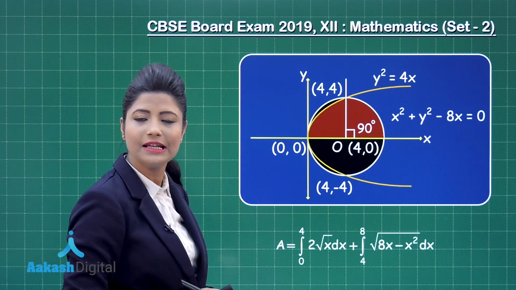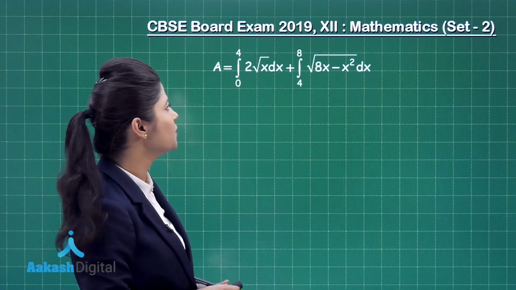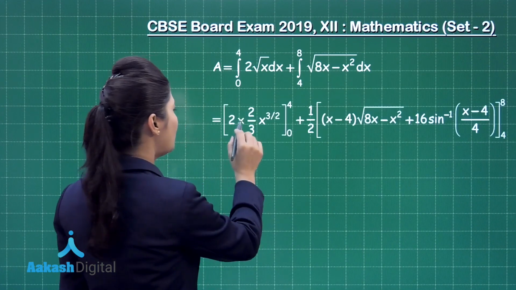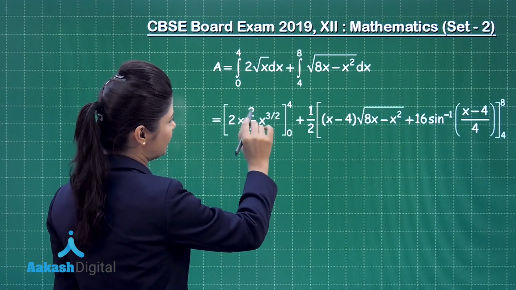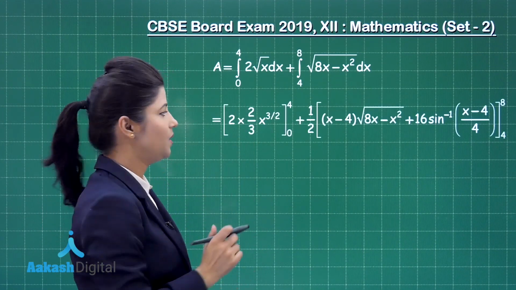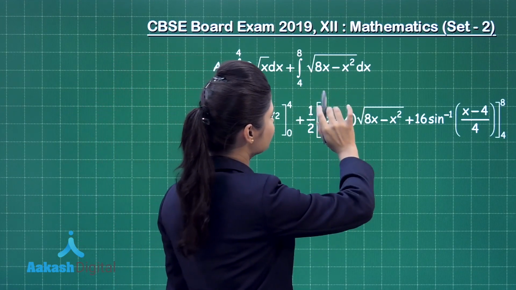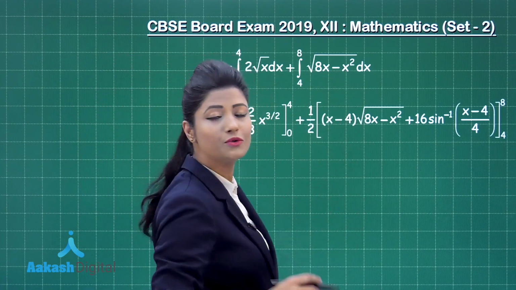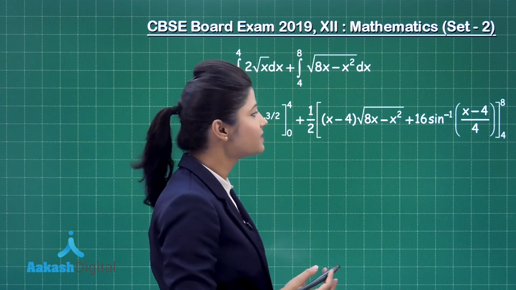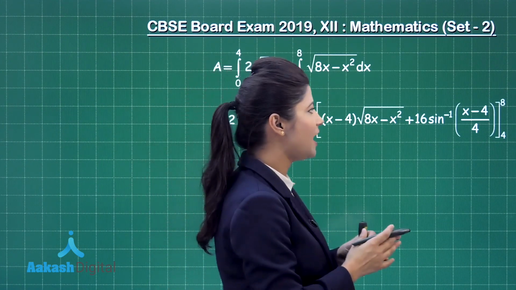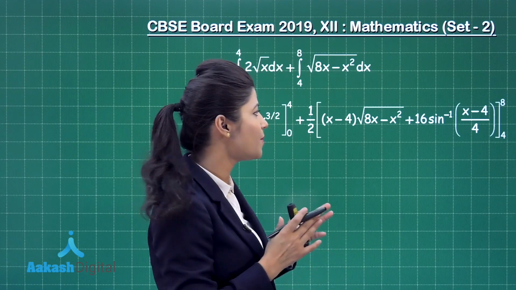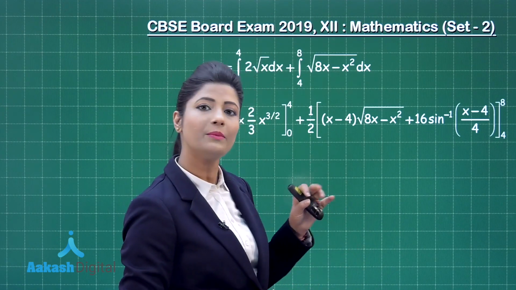Let's apply integration here and get the required value. On integrating this, you obtain 2 into 2 upon 3 x raised to the power 3 by 2, where the limits are 0 to 4, and on integrating the second, you obtain half of x minus 4 into square root of 8x minus x square plus 16 times sine inverse of x minus 4 upon 4, where the limits are from 4 to 8.